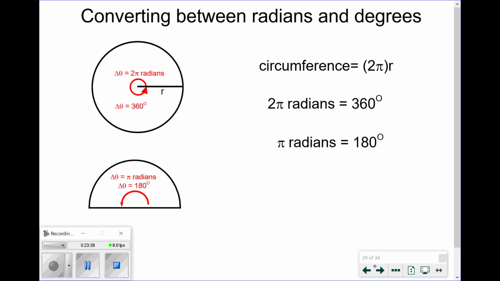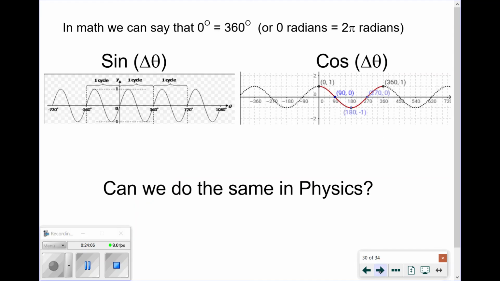However, when you say you've got half of pi radians, that's not easily visualized. If you say that's 90 degrees, you've actually recognized it's 90 degrees and you're picturing 90 degrees, not pi over 2. For example, if I said 1/6 pi radians, I have no idea what that looks like, except I know it's smaller than 2 pi.